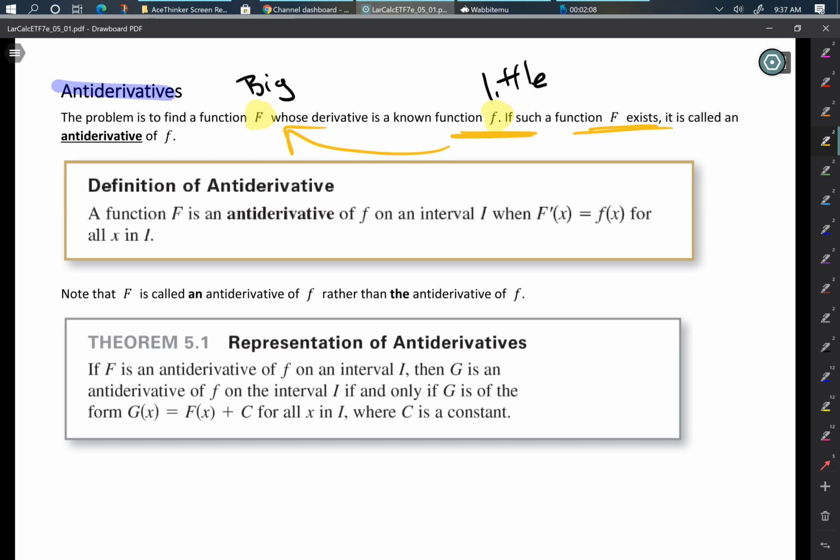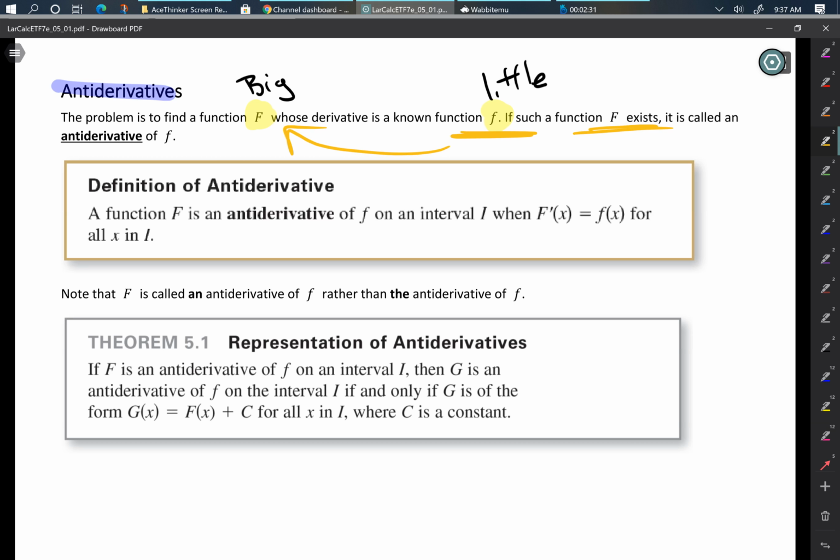Now this, I don't think we ran into this at all when we took derivatives. I don't think we had a single situation where you were given a function and said, find the derivative, and you said, I can't. Right? We might have needed to find new rules or new approaches to find these things, like when we used implicit differentiation to find derivatives of inverse functions, things like that.